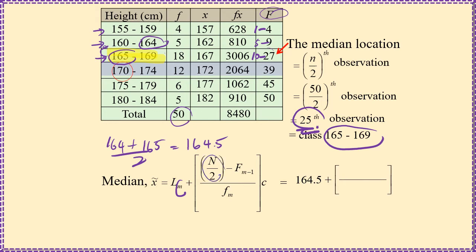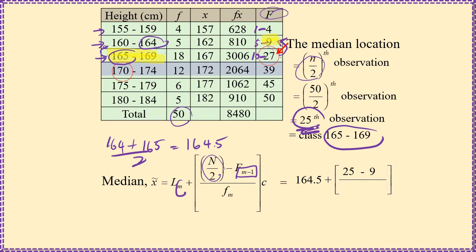We have found already n over 2, which is 25. And then minus the cumulative before the median class. So before the median class, the cumulative frequency is 9.